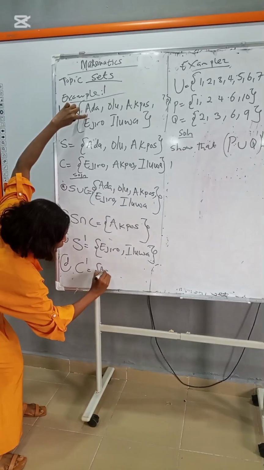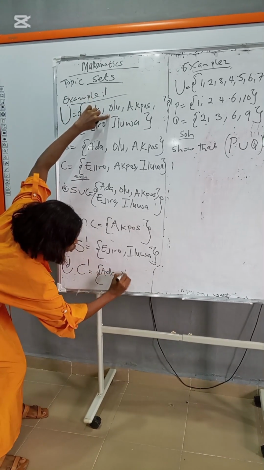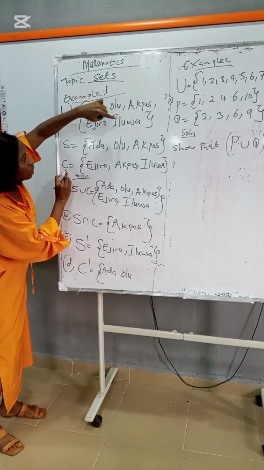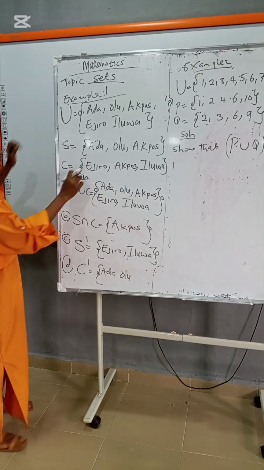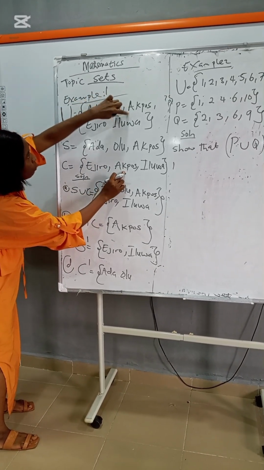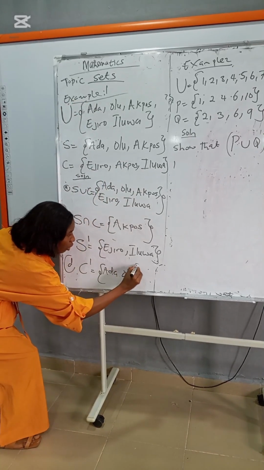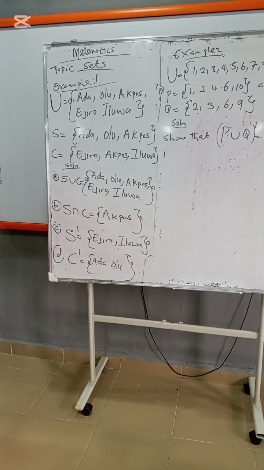Ada. Ada is a complement to C. Olu is a complement to set C. And I think those are the only two that are complements. We have Ada, no Ada. Olu, no Olu here. Apos, we have Apos. Ejiro, we have Ejiro, and Inua. So these are called the complement of C.